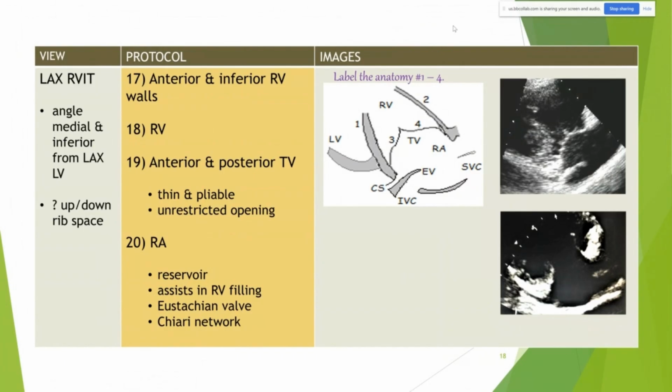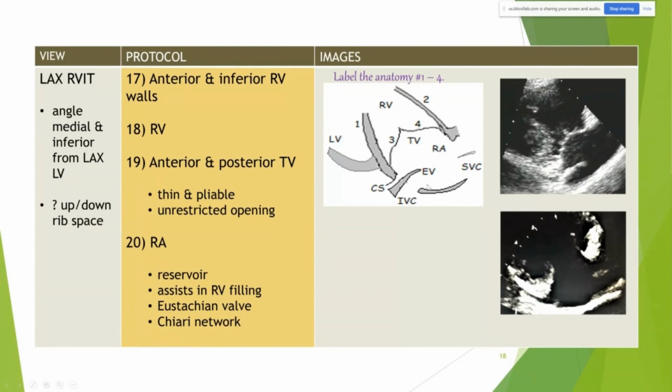So when you angle towards the patient's right hip, you're going to be seeing the anterior and inferior RV walls. Now, reason why we do this is to show the valves and show if the person has regurgitation. So you can have what's called the, no, I don't want to talk about that. I'll talk about that later.